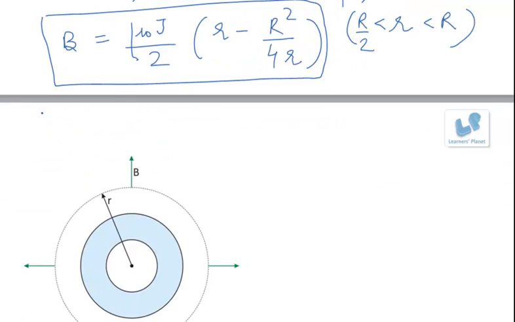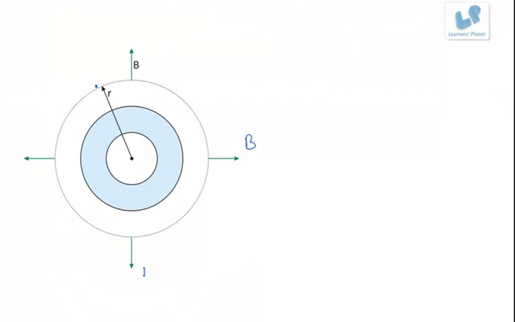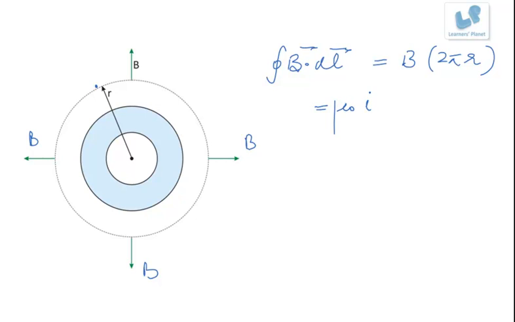Now the third case is where the point is outside the conductor, and by symmetry we know that the magnetic field B will be the same in magnitude across each and every point on the imaginary loop, shown by the dotted circle over here. If I apply B dot dl, this is again B times 2πr, which is equal to μ₀ I_t. Now I_t will be this portion of current that is flowing.